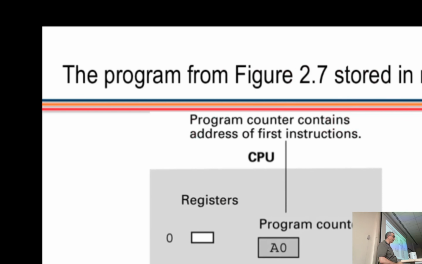So, for example, A0. A0 is first taken to the program counter.